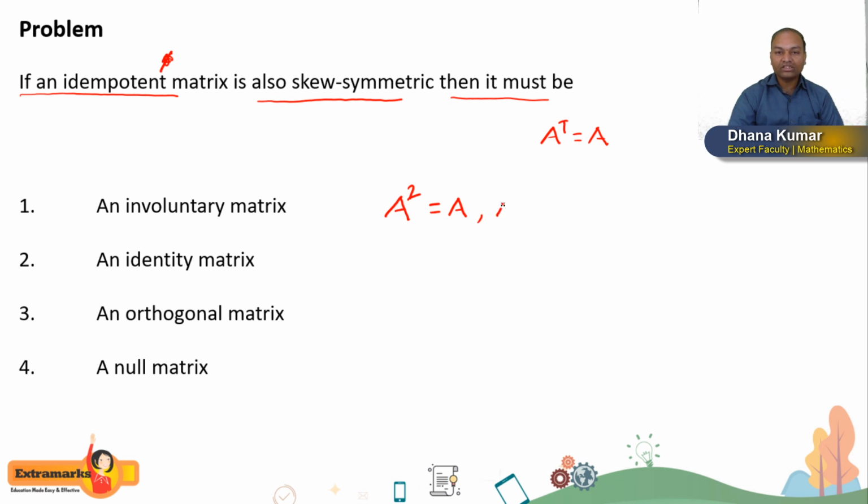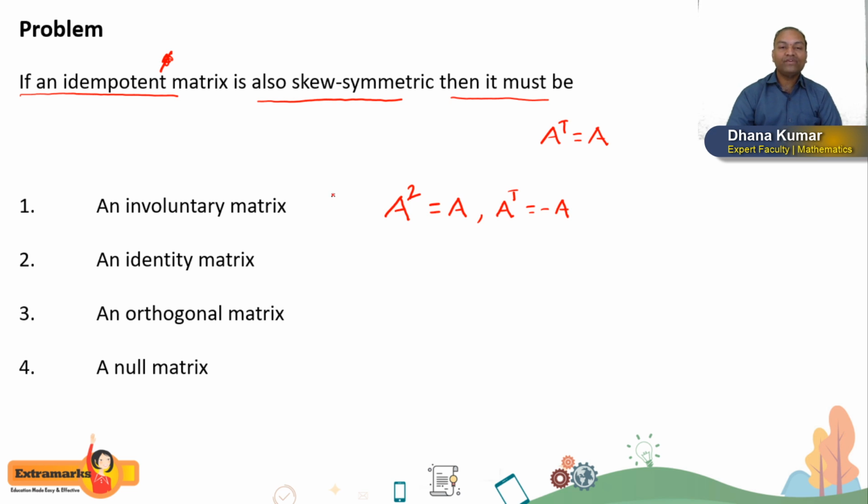If A transpose is equal to minus A, then A is said to be a skew symmetric matrix. Now understood? Here two conditions are given, idempotent and skew symmetric. If A square is equal to A, then A is called idempotent. If A transpose is equal to minus A, then A is said to be skew symmetric.